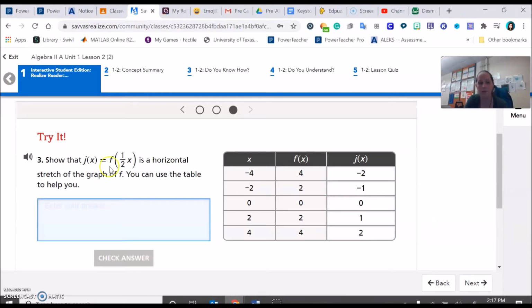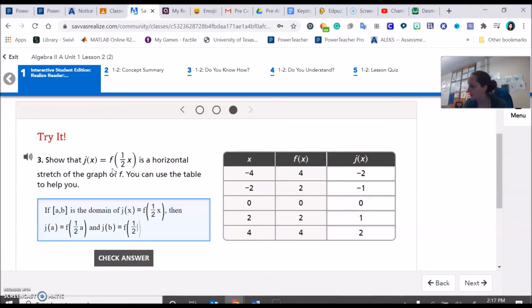Okay, so if (a, b) is the domain of j of x equals f of 1/2 x, then j of a equals f of 1/2 a, and j of b equals f of 1/2 b.